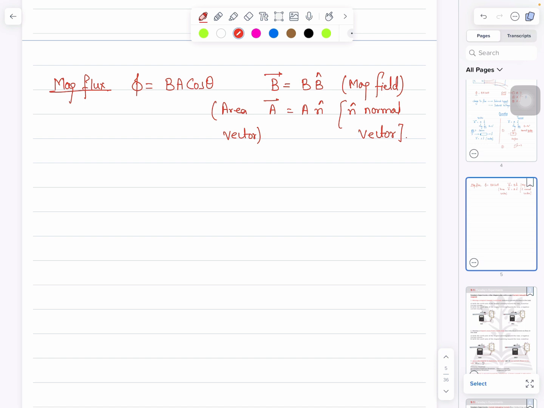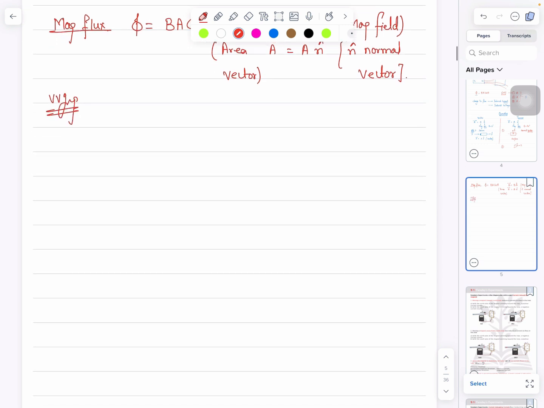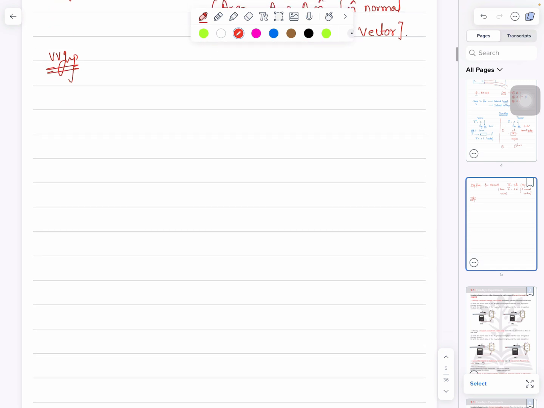Now there are cases, because these cases are going to be used in the numericals, so it's very, very important to understand. Now case 1. Let's say you have a surface like this, and this type of surface will come in your numerical.